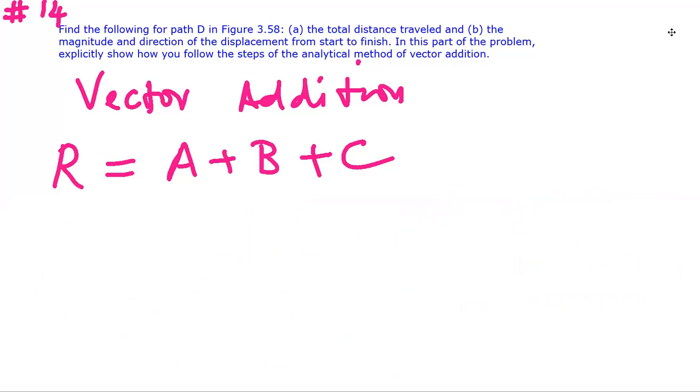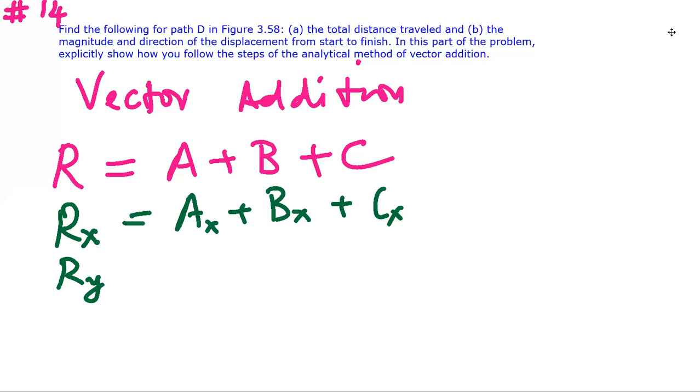If you're adding three vectors A, B, C to get R, you say R sub X, the X component of the resultant, equals AX plus BX plus CX.